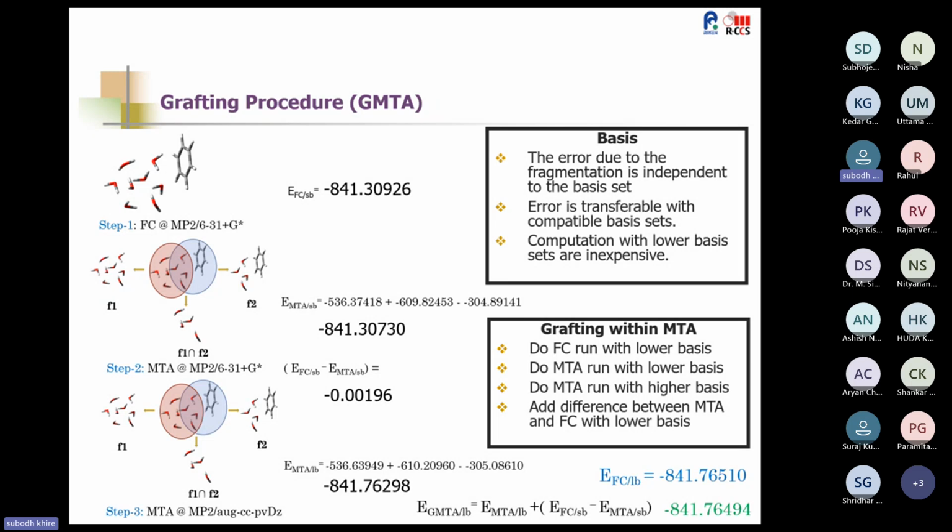If I graft this 2 millihartree difference, meaning I add it to the MTA energy of the molecule at the higher basis set, in this case augmented cc-pVDZ, the energy comes out as good as the full calculation energy, and the difference between the full calculation and the grafted MTA procedure is minimized.